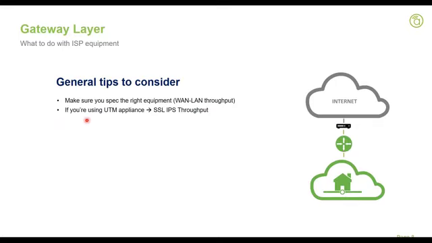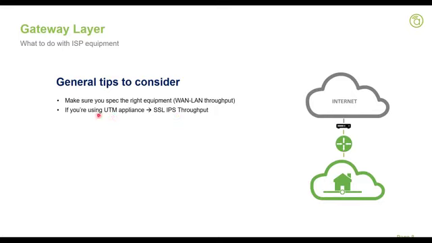So if you go to the spec sheet, you have to look at the SSL IPS throughput. The UTM appliance is doing deep packet inspection on encrypted traffic, which most modern applications use to communicate, like Facebook. So they have to do a lot of processing on the local device in order to protect the traffic from any malware or any attacks.